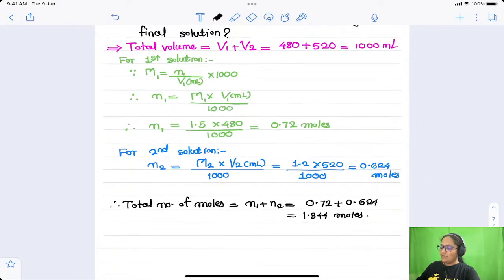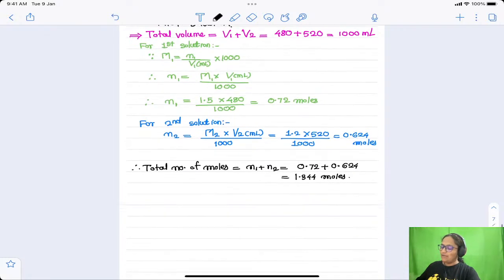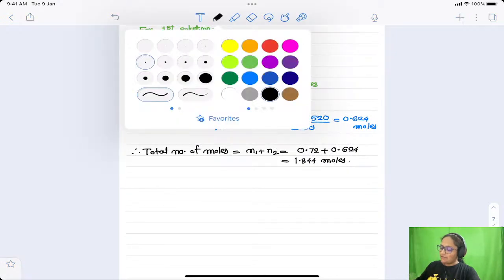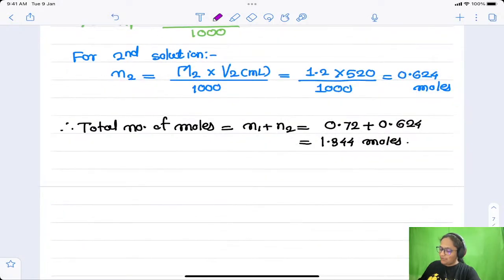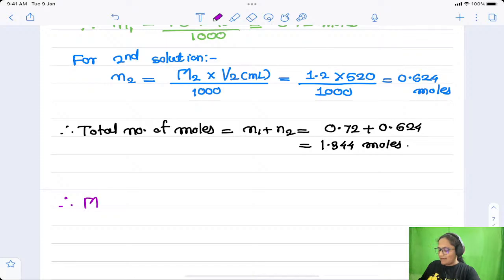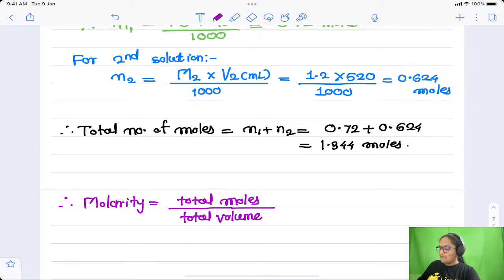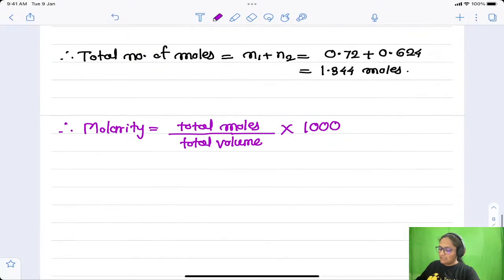Now I can use the final volume and final moles in the formula. Therefore the final molarity will be equal to total moles divided by total volume multiplied by 1000, because total volume is also in milliliters.